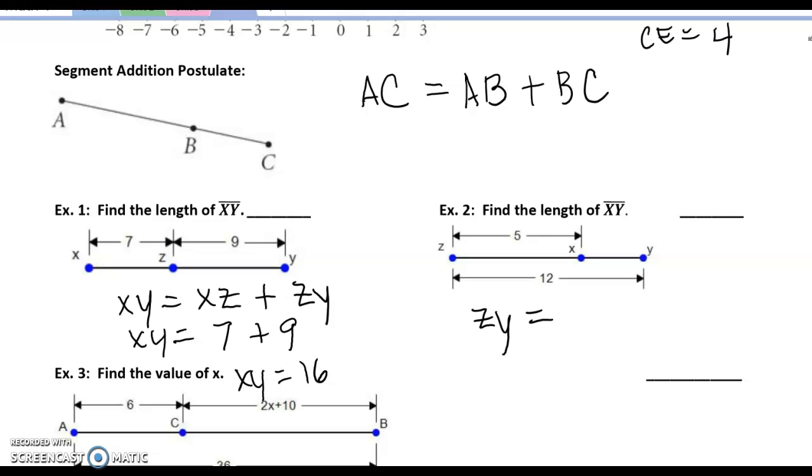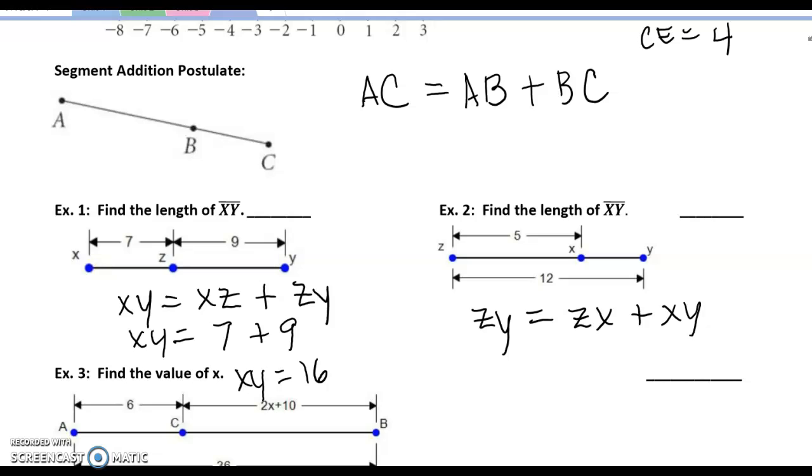We're going to have the biggest segment in the picture, that would be segment ZY, and we're going to set it equal to the sum of the two smaller segments in the picture, that would be ZX and XY.